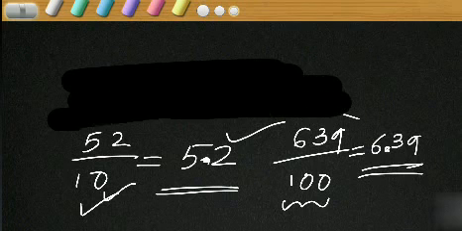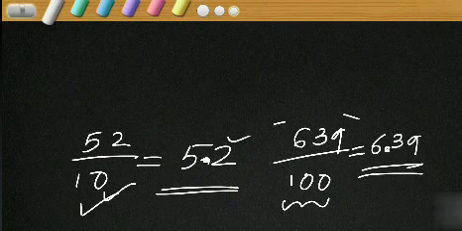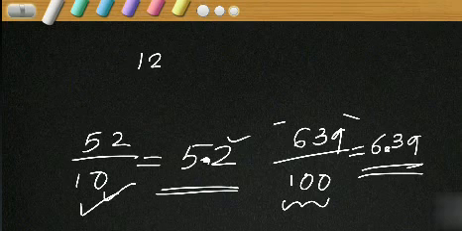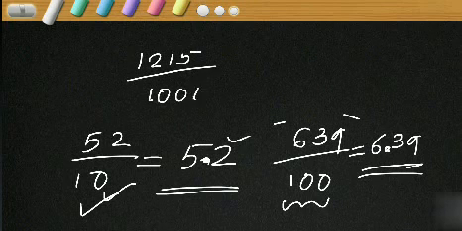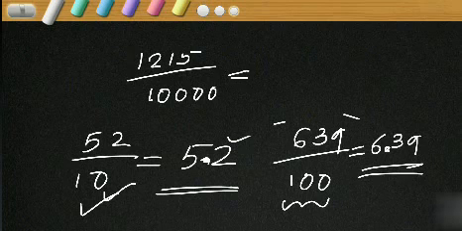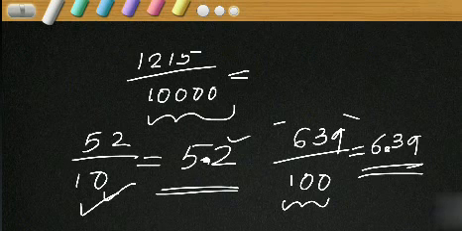Okay. So let's discuss one more. 1215 by 10,000. So what we have to do? Yes, we have to check how many zeros are there in the denominator. How many zeros are there in the denominator? Yes, there are 4 zeros.